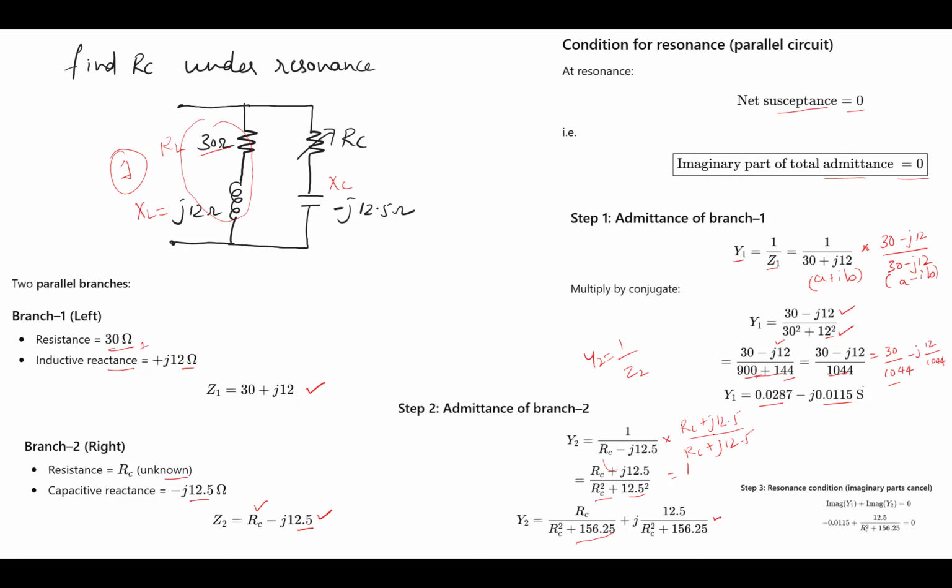So now the resonant condition is that the imaginary part equals 0. That is, the imaginary part of Y1 plus the imaginary part of Y2 equals 0. The imaginary part of Y1 is minus 0.0115, and for Y2 it is 12.5 divided by RC square plus 156.25.